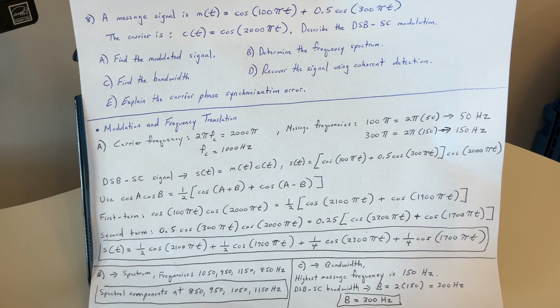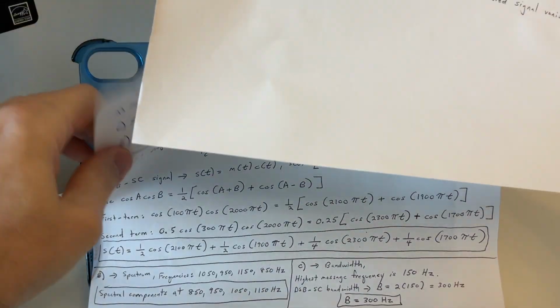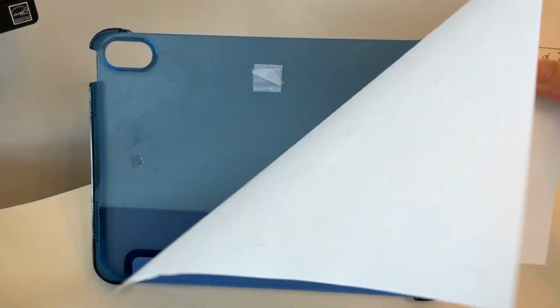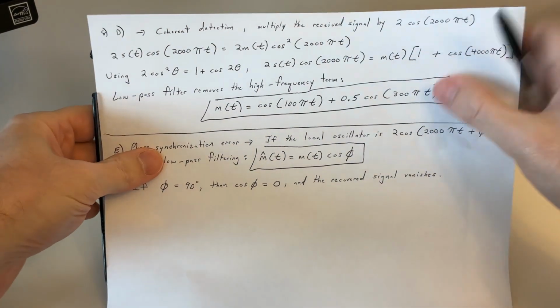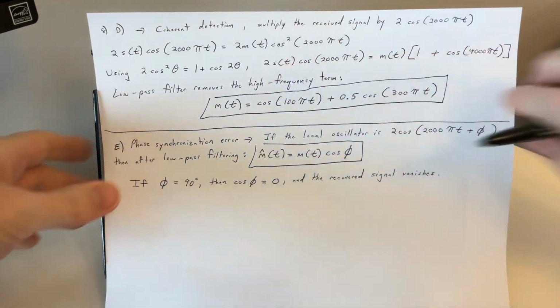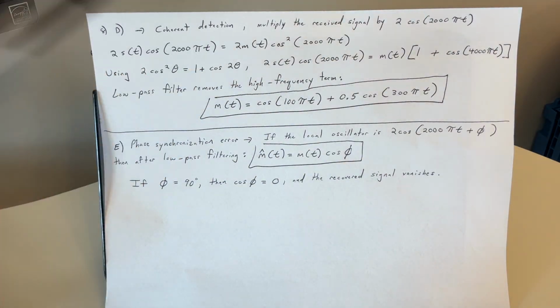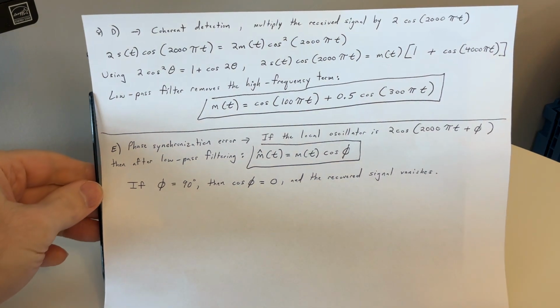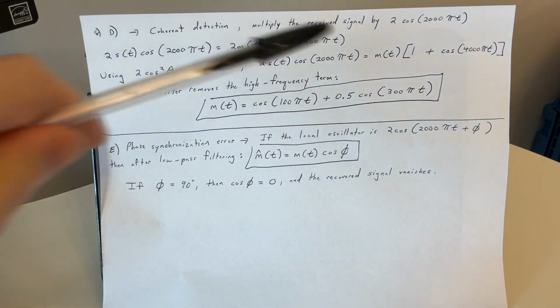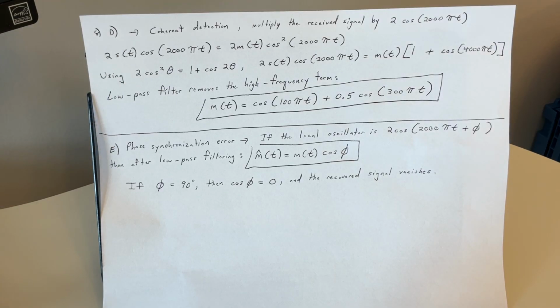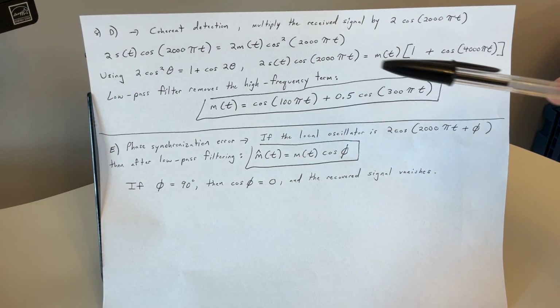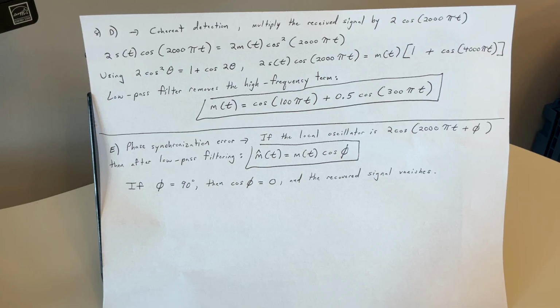For part D, recover the signal using coherent detection. Part D, coherent detection, multiply the received signal by 2 cosine 2000 pi t. So 2s of t cosine of 2000 pi t, that equals 2m of t cosine squared 2000 pi t.